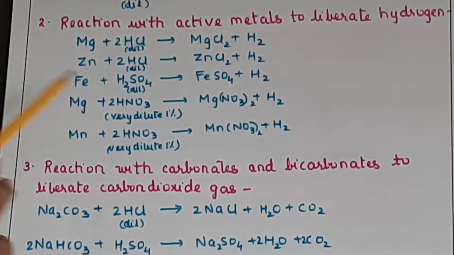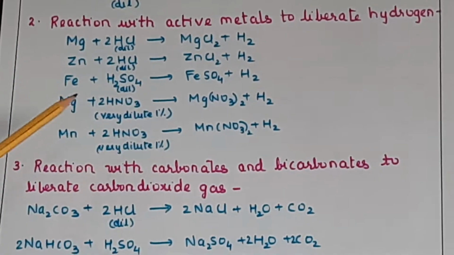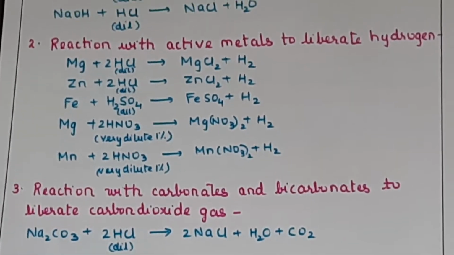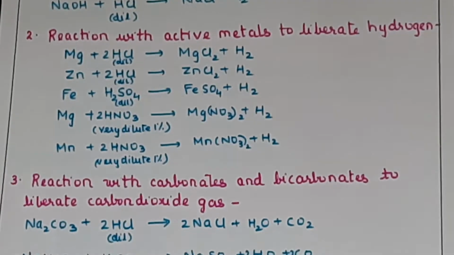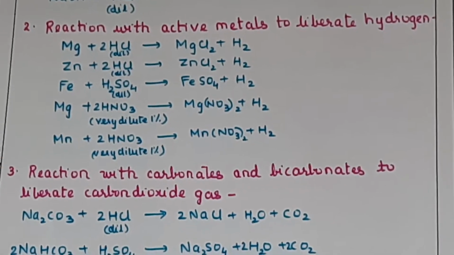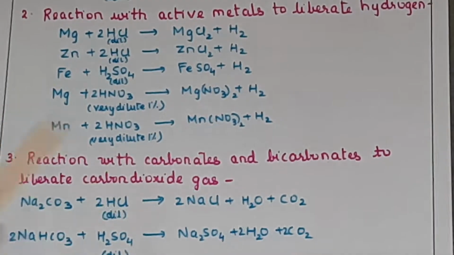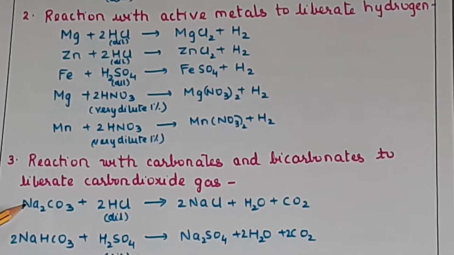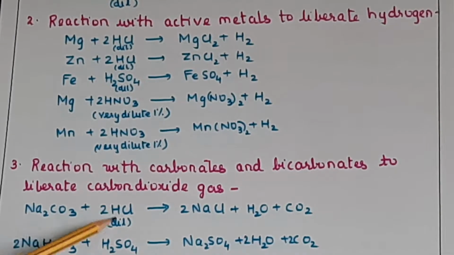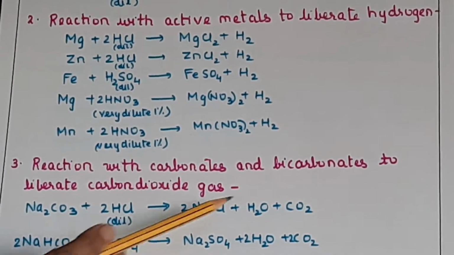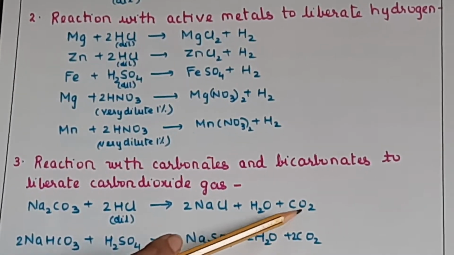Again, when we discuss nitric acid, I will be touching upon these factors, but just try to understand this, you have to know it here also. Then next is reaction with carbonates and bicarbonates to liberate carbon dioxide gas. So Na2CO3 plus 2HCl will give you 2NaCl plus H2O plus CO2, gas liberated.